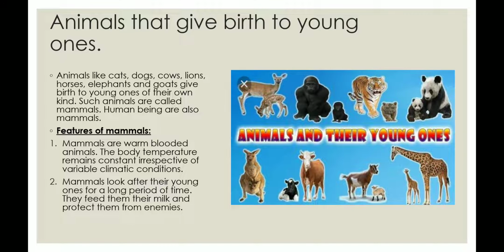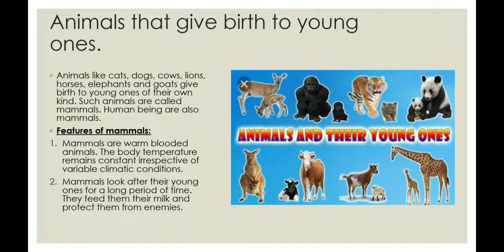Animals like cats, dogs, cows, lions, horses. See in this picture, deer, gorillas, tigers, pandas, cows, all these animals, they give birth to young ones, that means babies of their kind. They do not lay eggs, but they give birth to babies of their own kind.